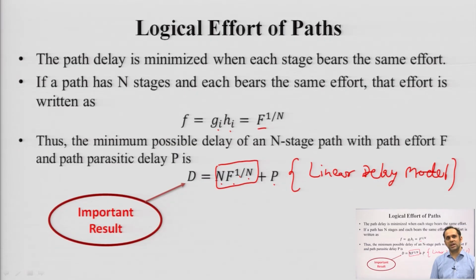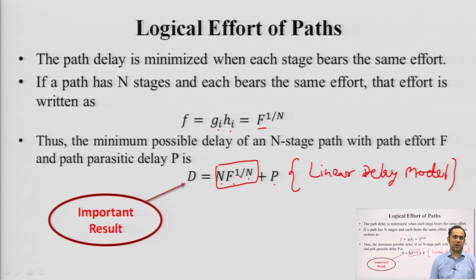Okay. Linear delay model is considered quite simple, because it is analogous to the equation of a straight line, where you have things like logical effort, electrical effort, parasitic delay. The logical and electrical efforts are multiplied, added to the parasitic delay, and that produces your normalized delay. You can calculate for individual stages.